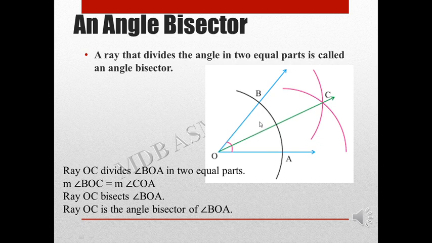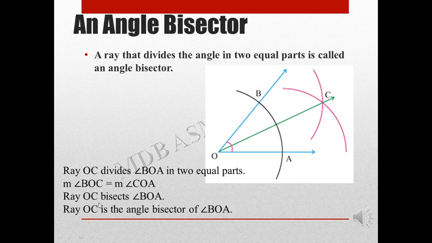It means that the measure of angle BOC should be equal to the measure of angle COA. Hence we say that ray OC bisects angle BOA.